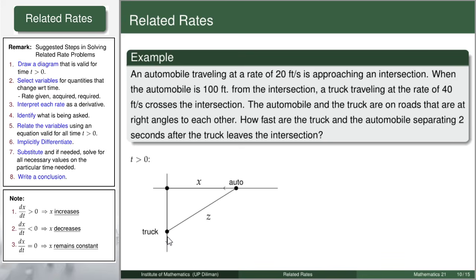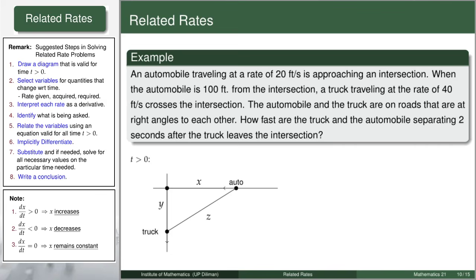Since this point is moving downwards, I can let this variable be y, and that will be my rates given. For the rates required, we need to know how fast the truck and the automobile are separating. And separating is a distance, so I can now let it be that length z. And thus giving me the 3 variables that we will be using.